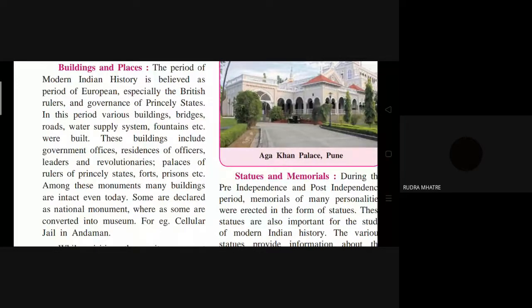These buildings include government offices, residences of officers, leaders and revolutionaries, palaces of rulers of the princely states, forts, prisons, etc. Among these monuments, many buildings are intact even today. Some are declared as national monuments, whereas some are converted into museums. For example, Cellular Jail in Andaman.